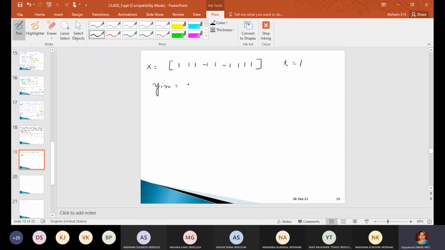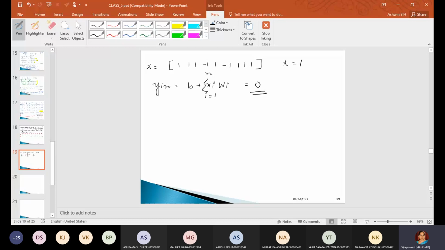y_in is equal to b plus x1 w1, or it is b plus sigma i equal to 1 to n of xi wi, right? Since the weights are 0, it is obvious that this is 0.